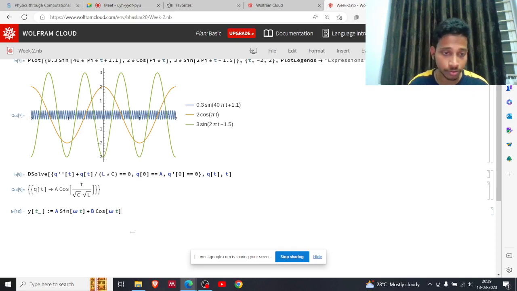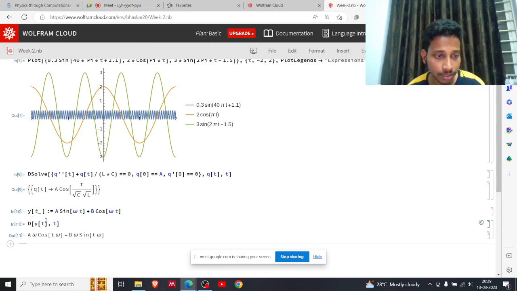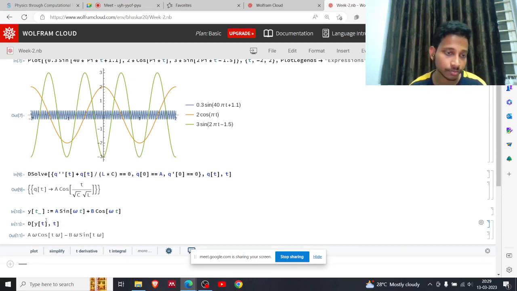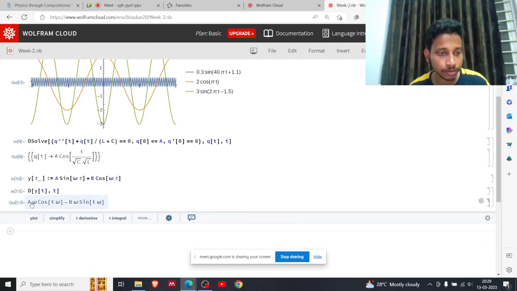Now I'll just take the first derivative first, D[y[t], t]. Here the first argument is y[t], that is the function, and then the variable with respect to which I am going to take the derivative. This is the first derivative, that is a omega cos(omega t) minus b omega sin(omega t).